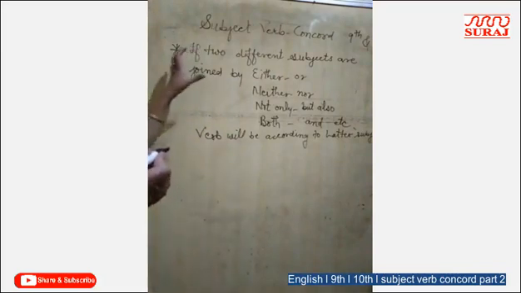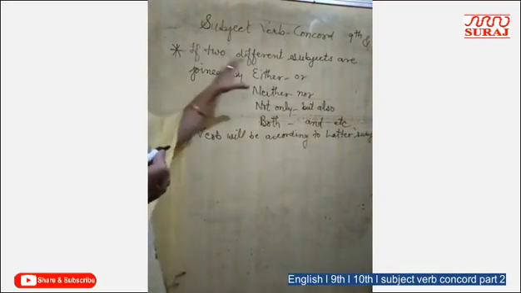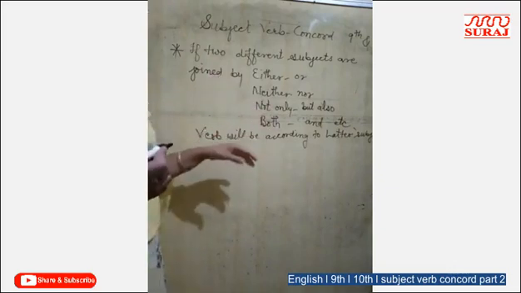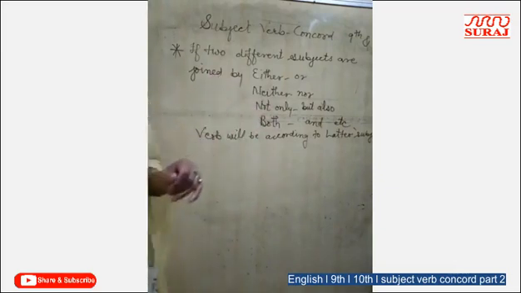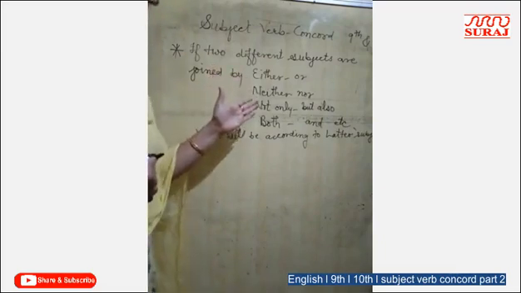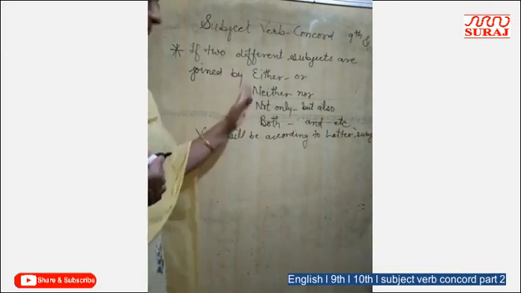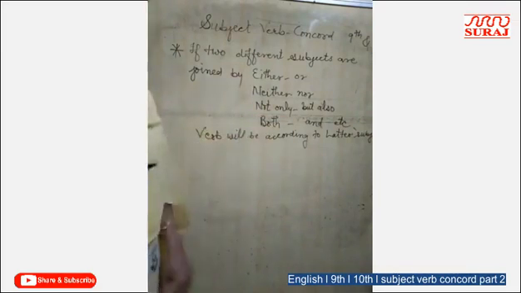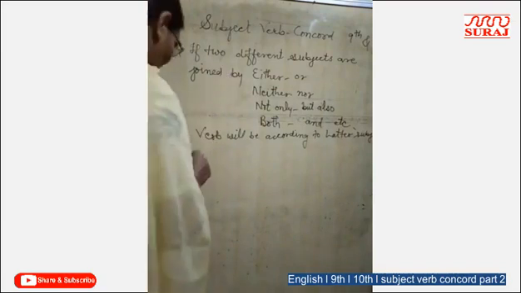These are called pair words. ये always pair में आते हैं, clear? So the verb will be according to the later subject. Through the example we will come to know this rule.